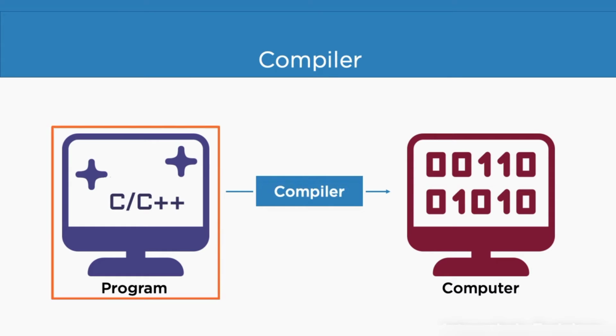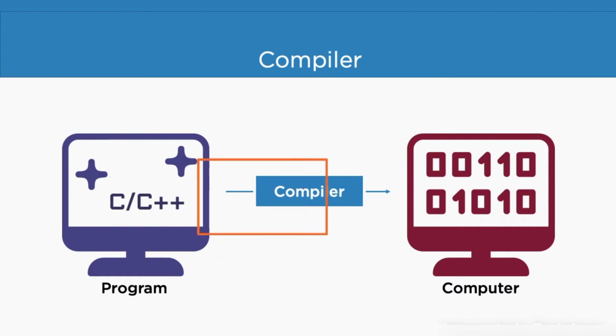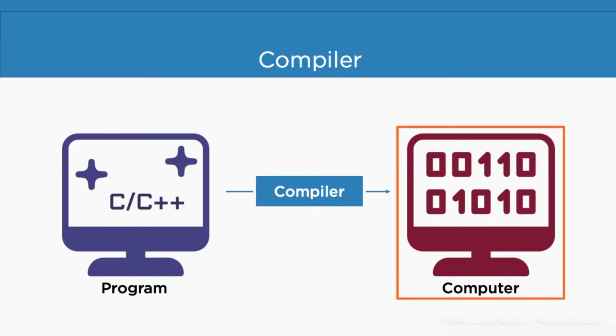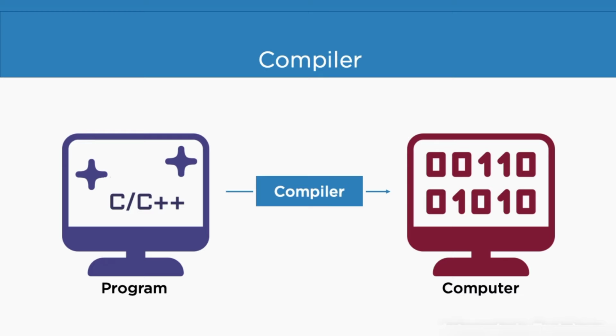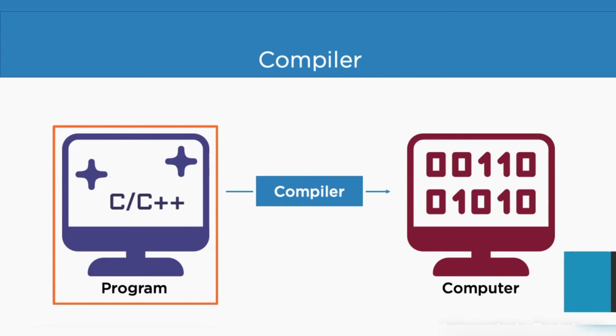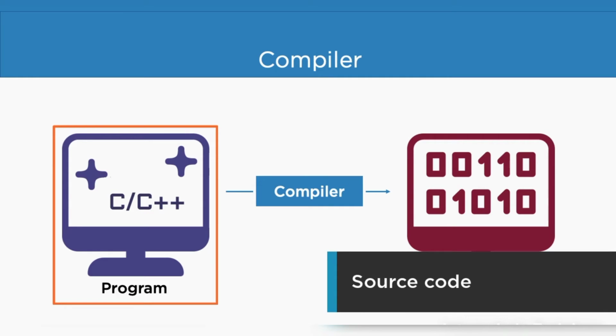So basically when you write a program, you give it to a compiler, which in turn converts your program into a format which is understandable by a computer. Nice and simple. So this is the purpose of using a compiler. Now, when you write a program, that program is generally known as source code.